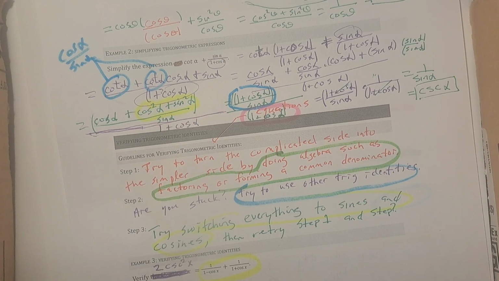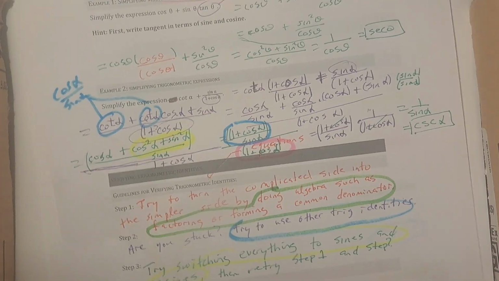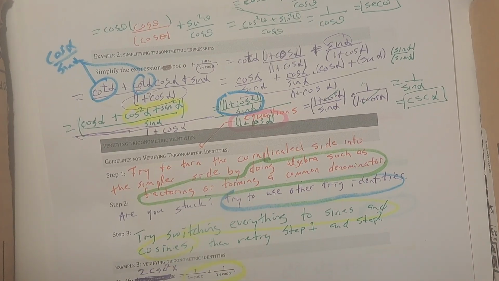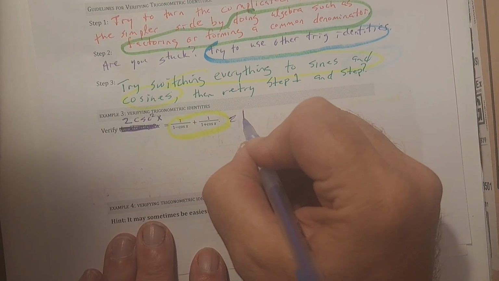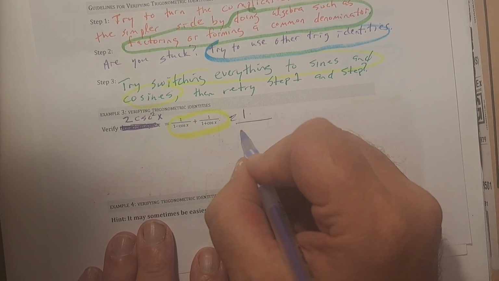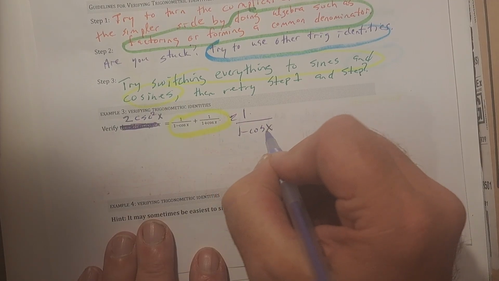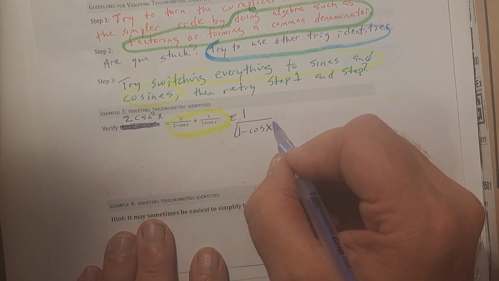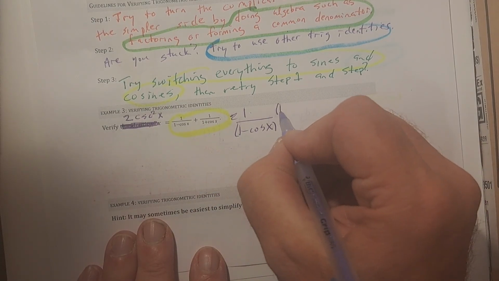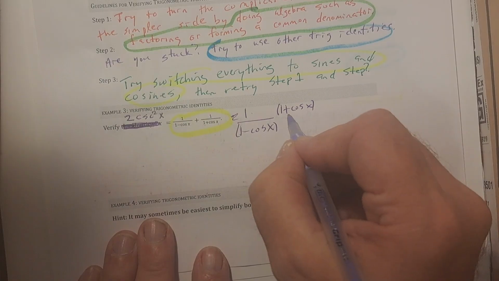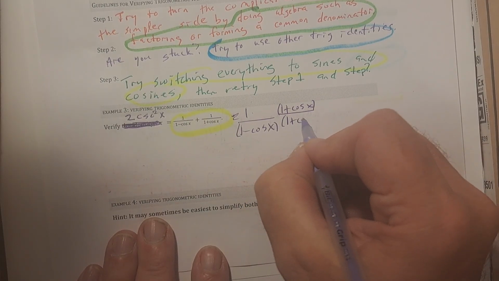Now the oldest trick in math is multiplying by 1, and we're going to do it here again, because that's how you form a common denominator. So this one has 1 plus cosine of x in it, and this one doesn't, so I'm going to multiply by 1 plus cosine x over 1 plus cosine of x.